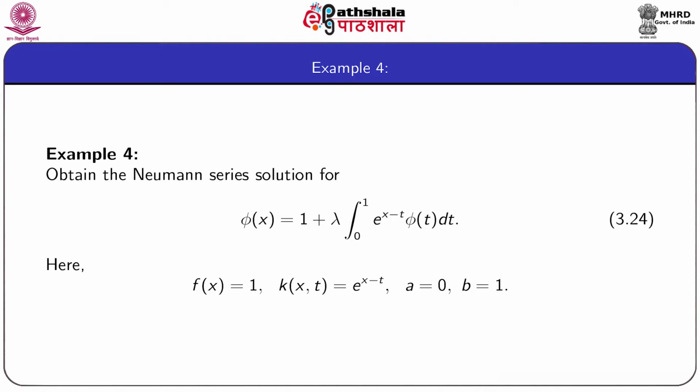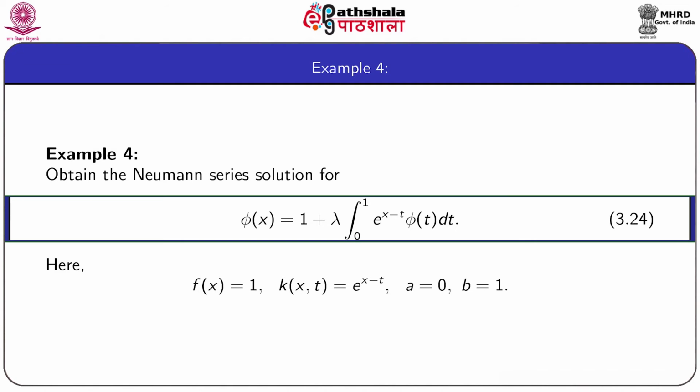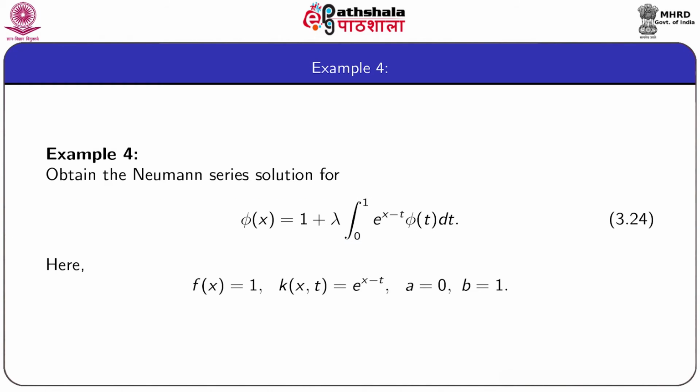Next, we consider another example, that is example 4. Here we have to obtain the Neumann series solution for the integral equation φ(x) equal to 1 plus λ times integral 0 to 1 e^(x−t) φ(t) dt, as given by equation 3.24.